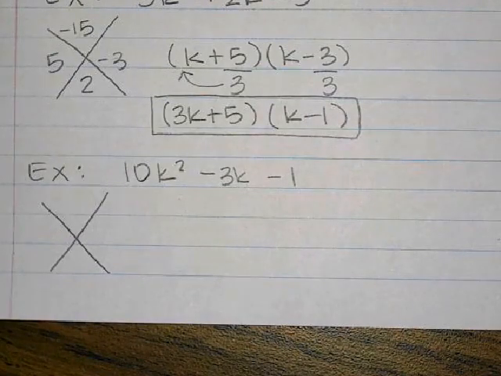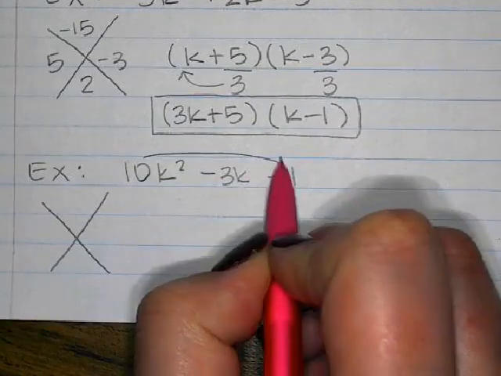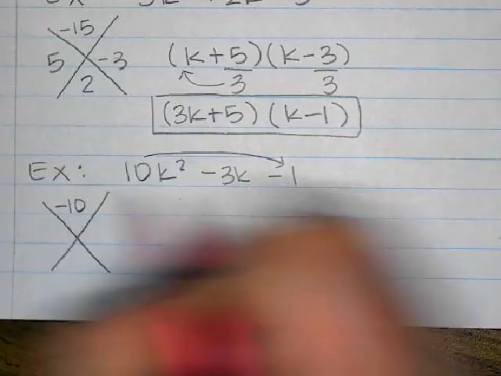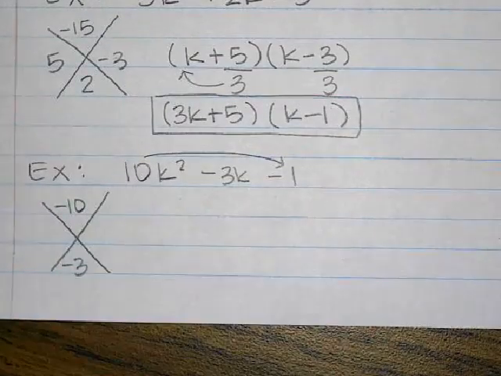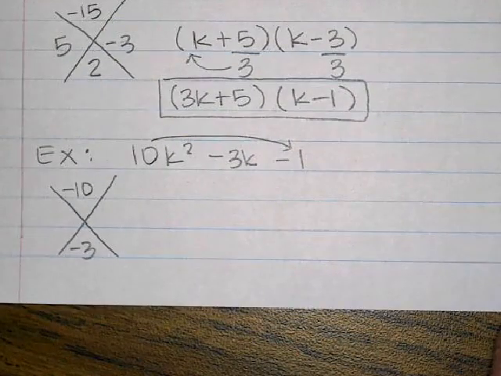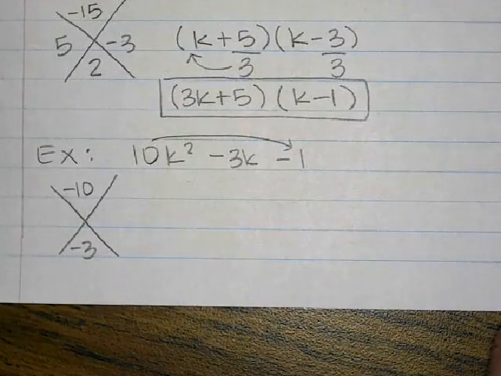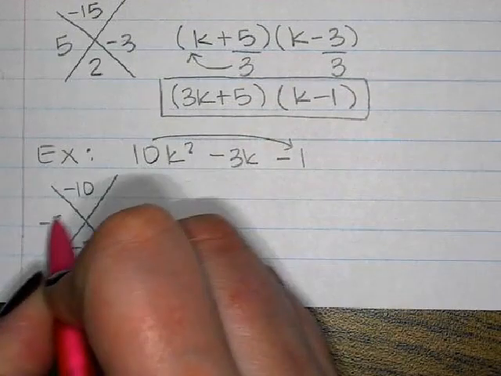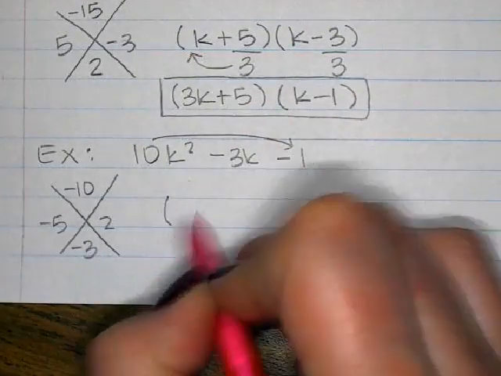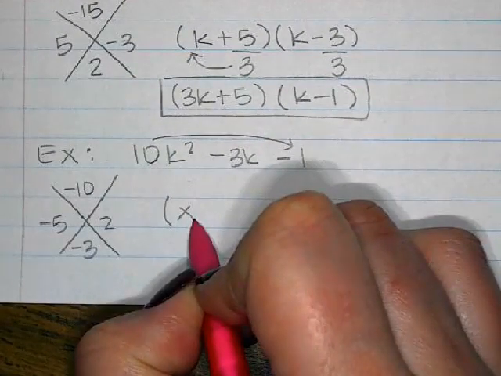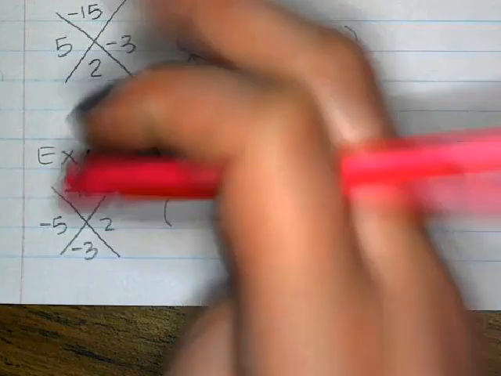So what's our first step? Slide. Okay. So negative 10. So we're multiplying to negative 10. We're adding to negative 3. Negative 5 and 2. Okay. K minus 5, K plus 2.